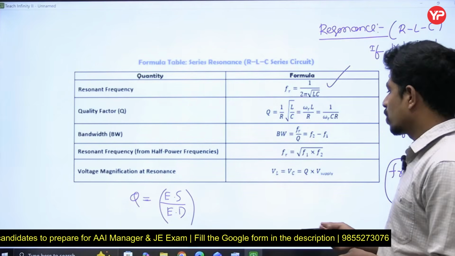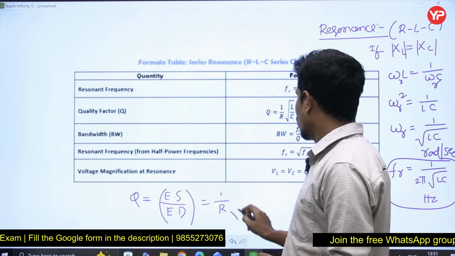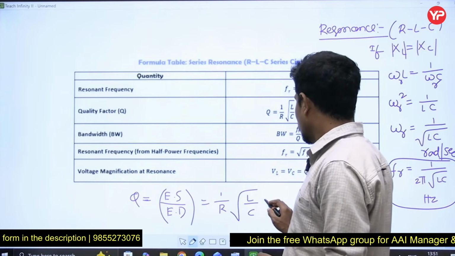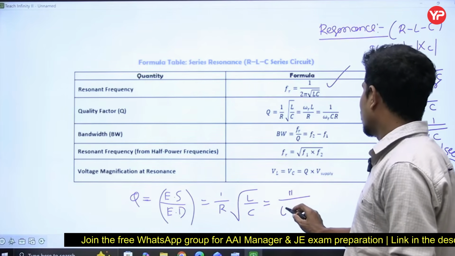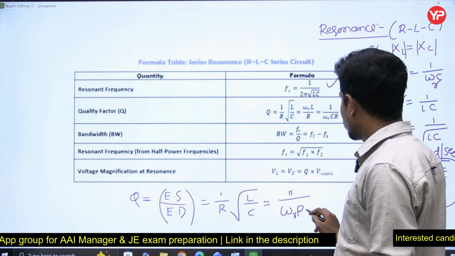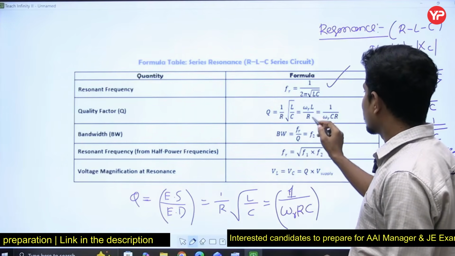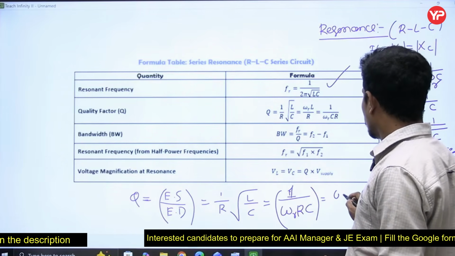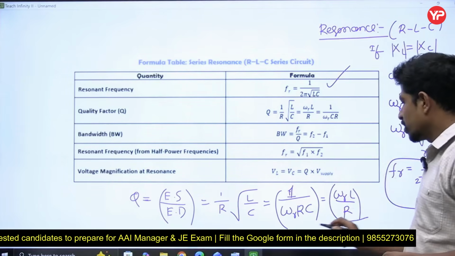Quality factor Q is equal to 1 by R into under root of L by C, which is equal to 1 by omega R into C R, that is, 1 by omega RC, which is equal to omega R into L by R.